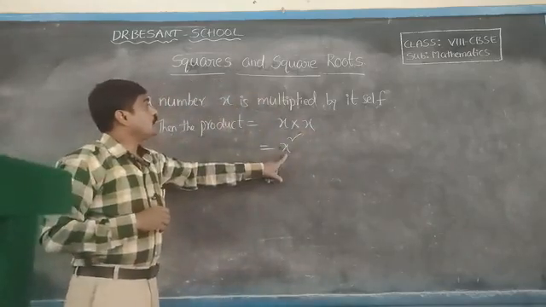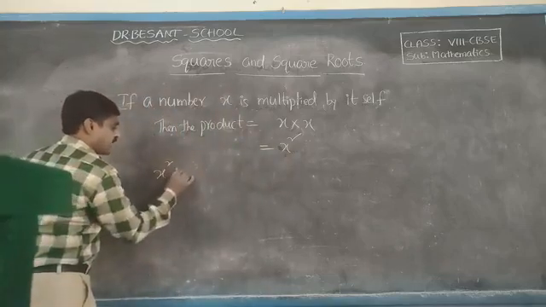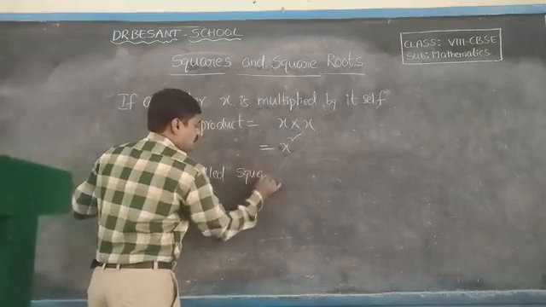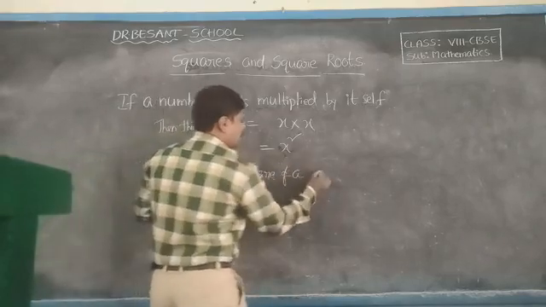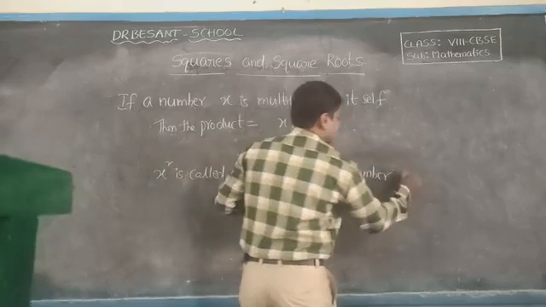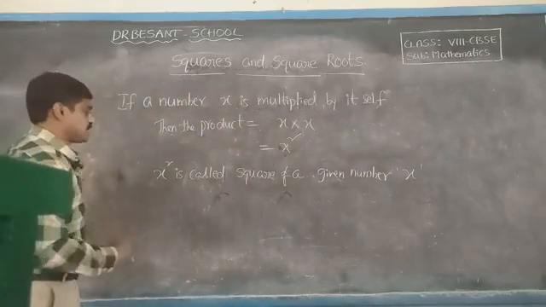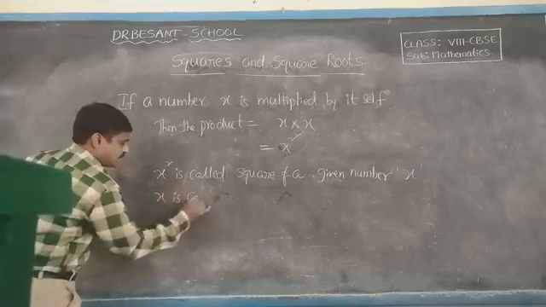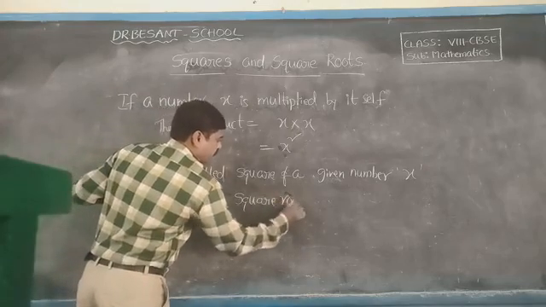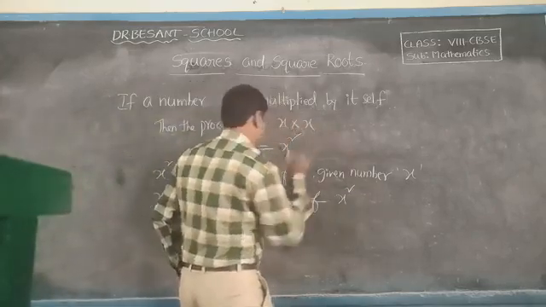So x square is called square of a given number x. Next, x is called square root of x square.